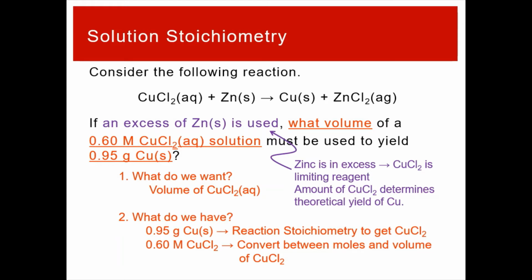Also, I do want to point out that there is this fact that you're told that zinc is in excess. So this has kind of been mentioned in previous problems, maybe. I haven't really brought it up, but now that we know what a limiting reagent is, if zinc is in excess, that is one of my reactants, that means the other reactant, copper 2 chloride, has to be the limiting reagent. So what that means is you'll note we are asked about the yield of copper.